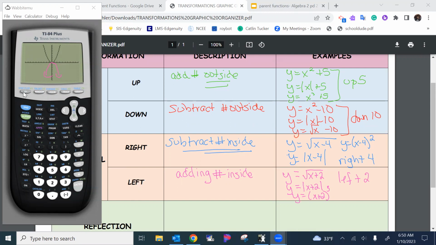So if I come up here, we already added or subtracted numbers. So maybe you played with some negatives in different places. All right, if I put a negative x squared in the calculator, that made it flip upside down. Let me erase my pink there. Okay, so that is how you get something to go upside down, by putting a negative in front.